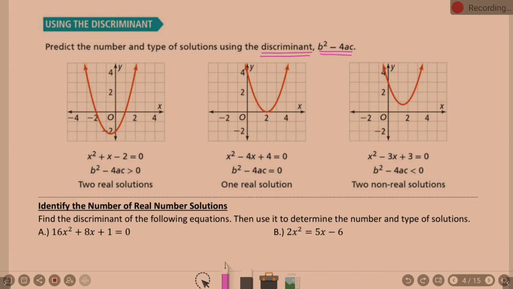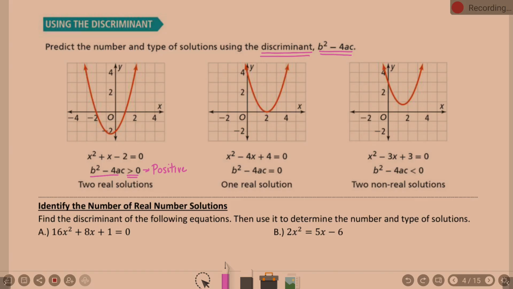So for instance, in this first one, if b squared minus 4ac is greater than 0, what does it mean if a number is greater than 0? That means the number is positive. So if b squared minus 4ac works out to be positive, you're going to have the plus or minus of some number, and there's going to be 2 real solutions, because you'd be taking the square root of a positive number.